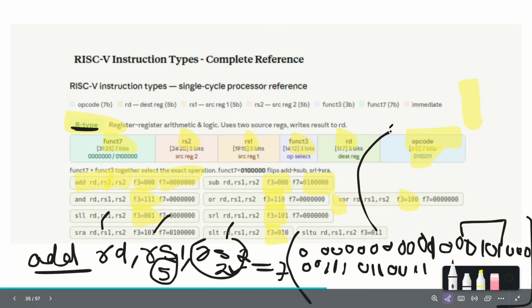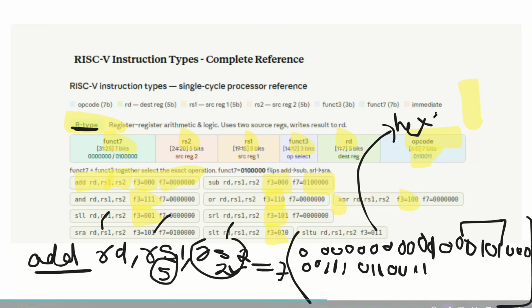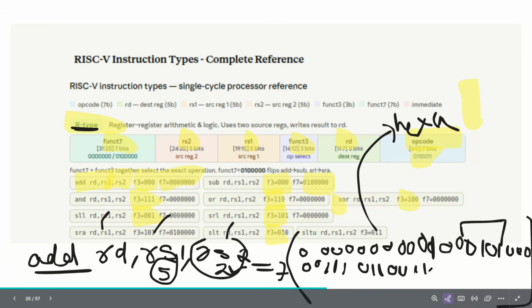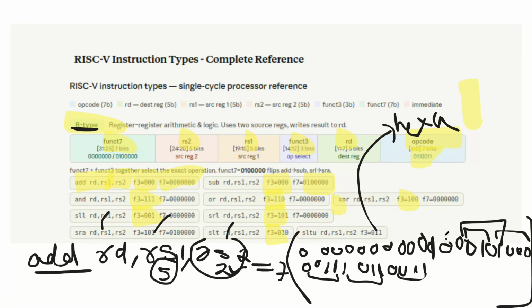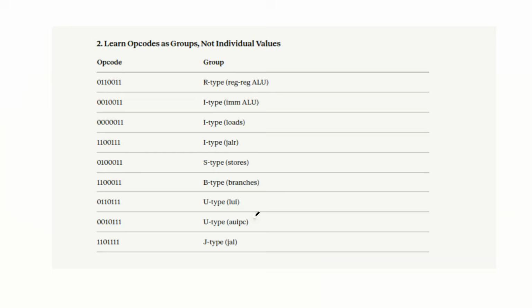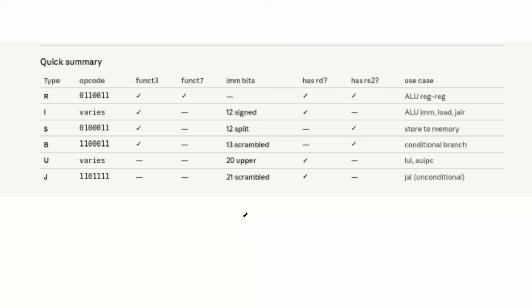Now I have to convert this into hexadecimal. How do you convert? You take groups of 4. Each group of 4 bits represents one number. How will you calculate that? I will show you here.